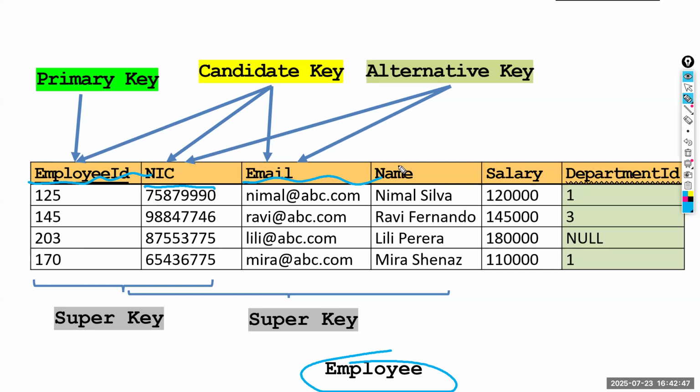I don't like to take name, salary, department ID as candidate keys. Now, out of these candidate keys, we have selected the employee ID as the primary key. So therefore, that is the primary key. Then the unselected keys are simply candidate keys.